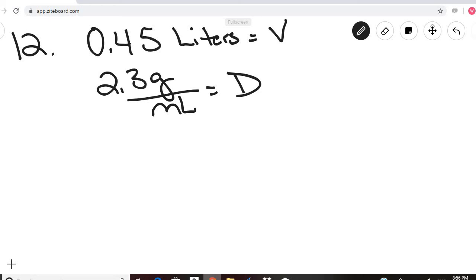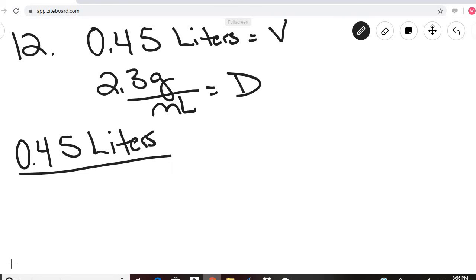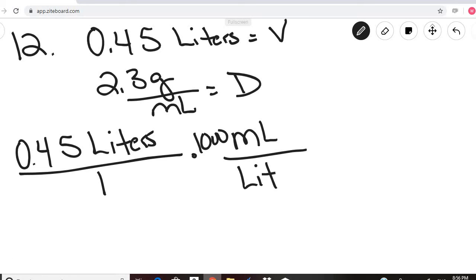Okay, so again, first of all, recognize that you can't deal in both milliliters and liters. So we need to convert liters to milliliters. 0.45 liters. Okay, that's the unit we want to convert, so we'll put that over 1. And we want to end up with milliliters, so milliliters goes on top. And we know that there are 1,000 milliliters in a liter.